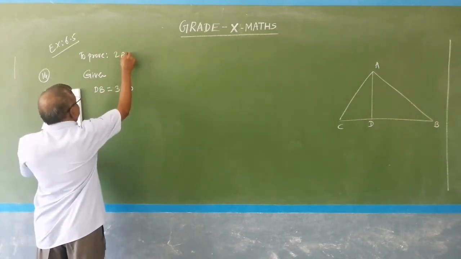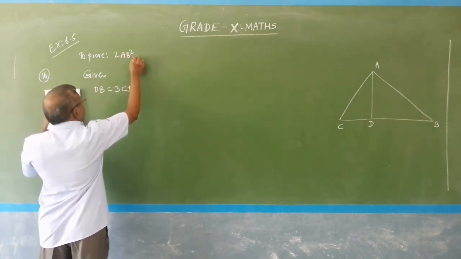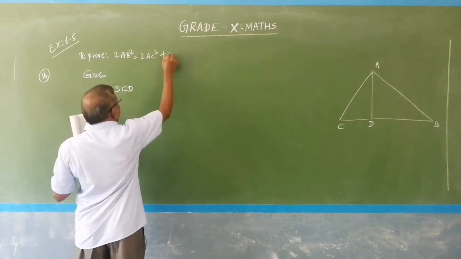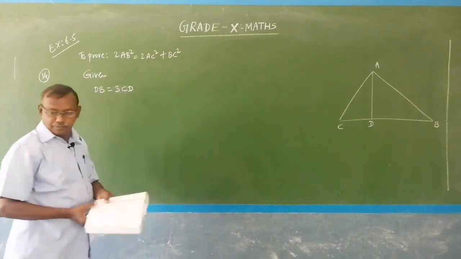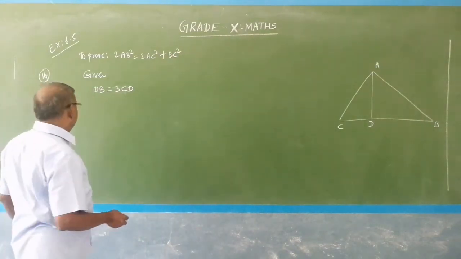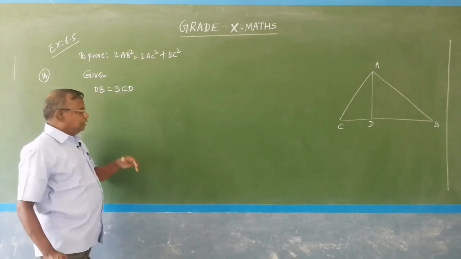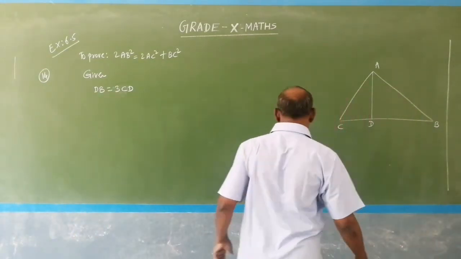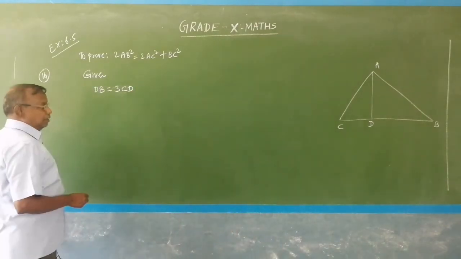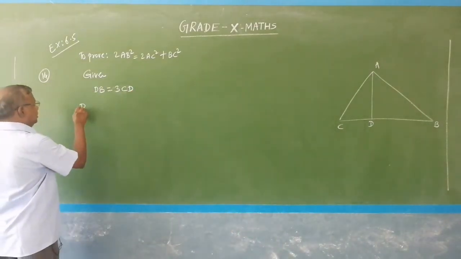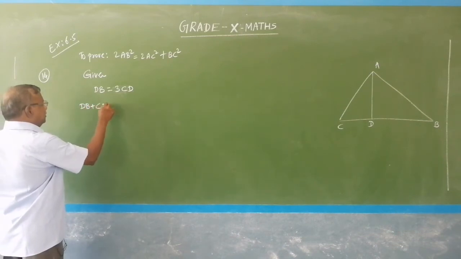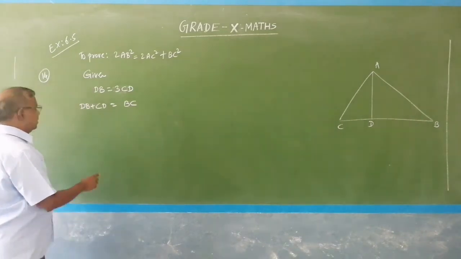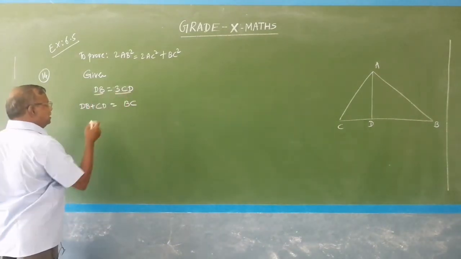2AB square equal to 2AC square plus BC square. We are given DB equal to 3 times CD. We know that DB plus CD equal to BC, but DB can be replaced by 3CD.